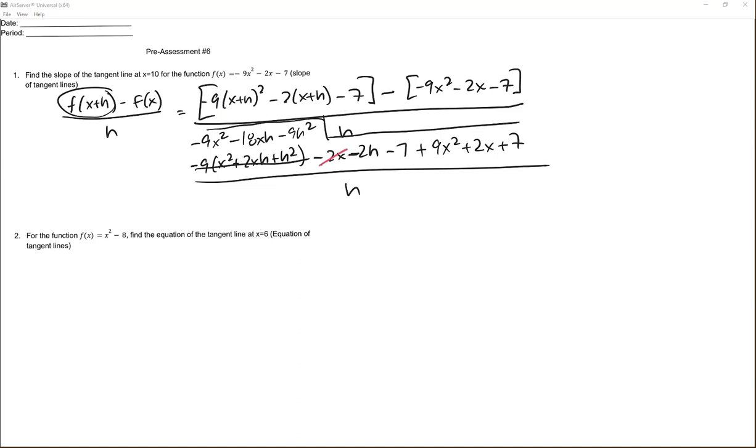This is canceled. This is canceled. This is canceled. Here we have three h terms, right? So it'll be -18xh minus 9h squared minus 2h, all over h.